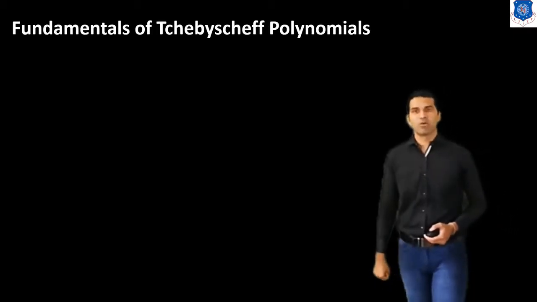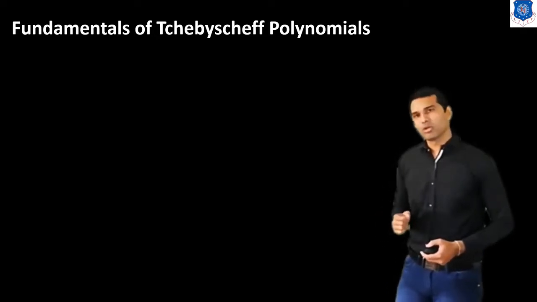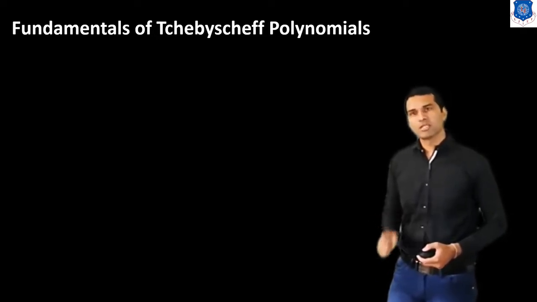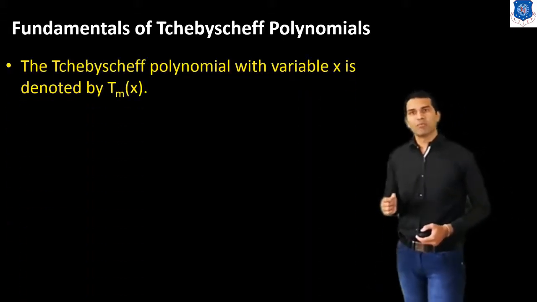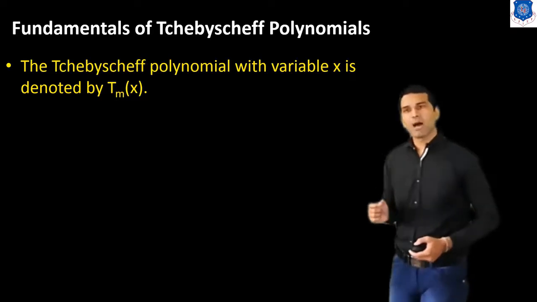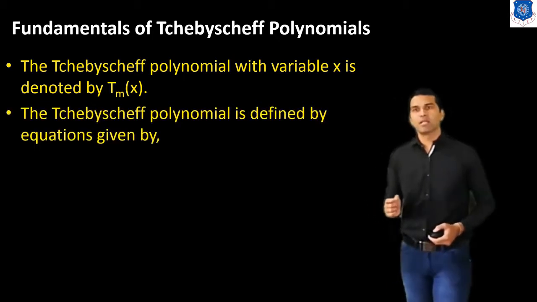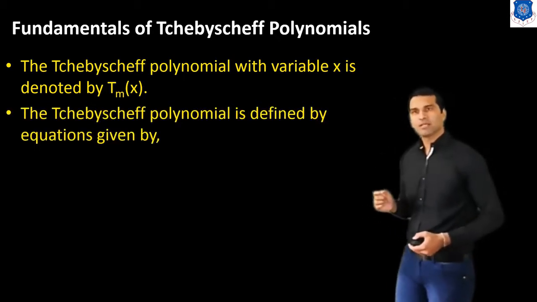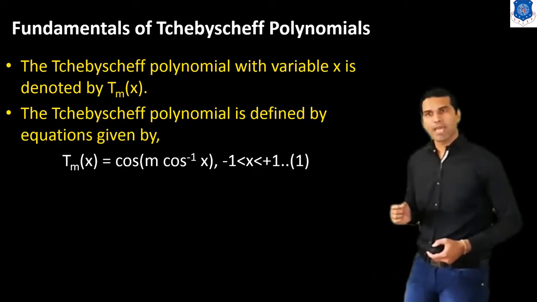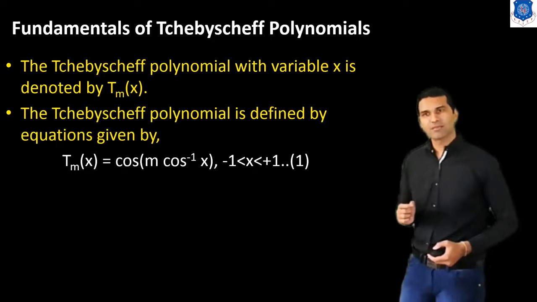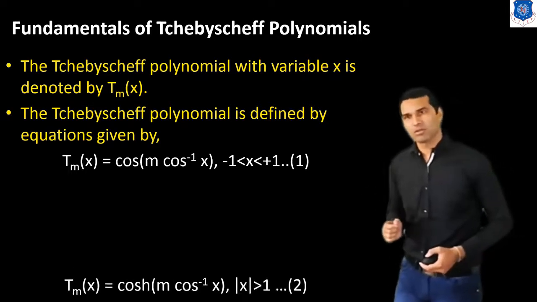Now we discuss the second topic, the fundamentals of the Chebyshev polynomial. The Chebyshev polynomial with the variable x is denoted by Tm(x). It is defined by the equation Tm(x) equals cos(m cos inverse x) for x between -1 and +1.